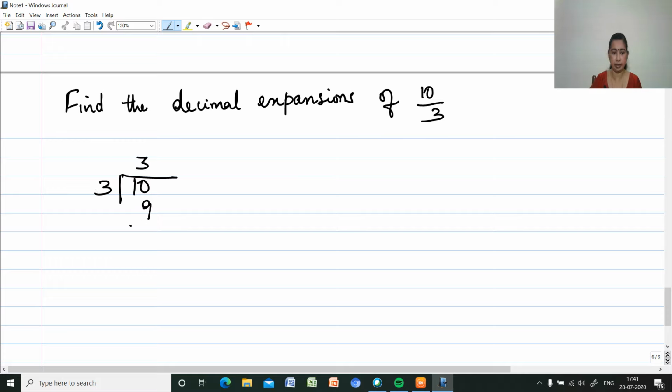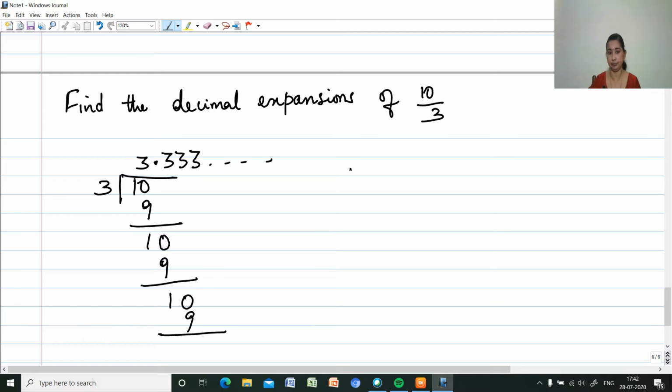So we'll get it as 9. Then remainder 1. Then put a decimal because 3 will not go in 1. So you have to put a decimal point over there, so that you can put a 0. Then again 3, 9 times. Then again it is going on. So 3, 3, 3, etc. Goes on like this. So this is one type of number, that is 3.333, etc.